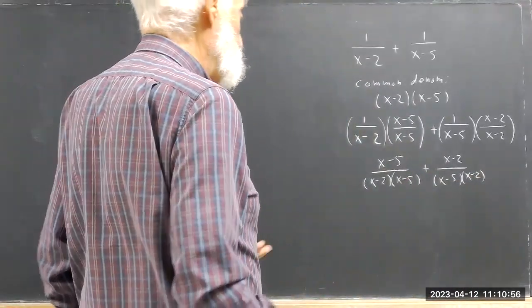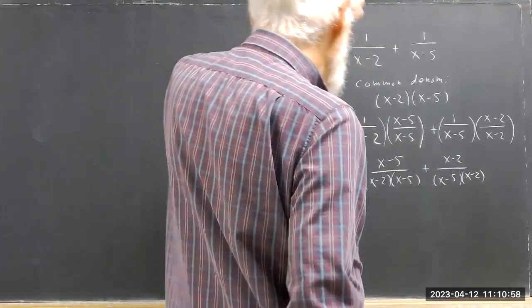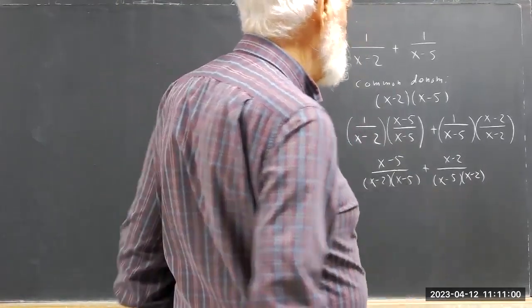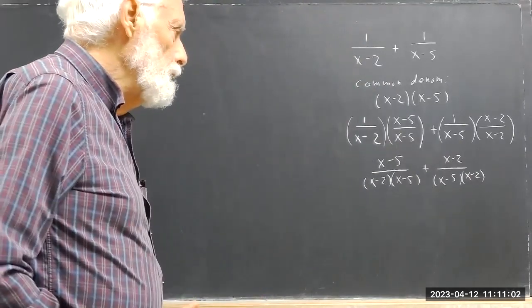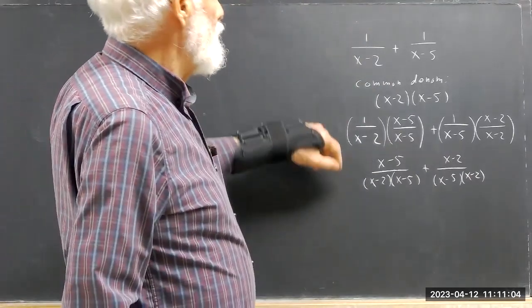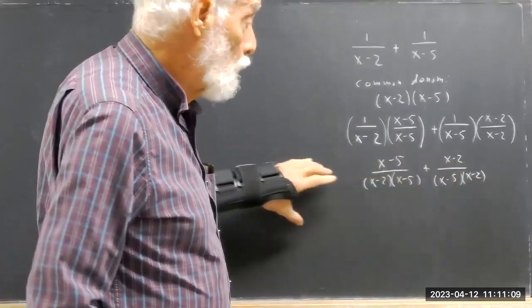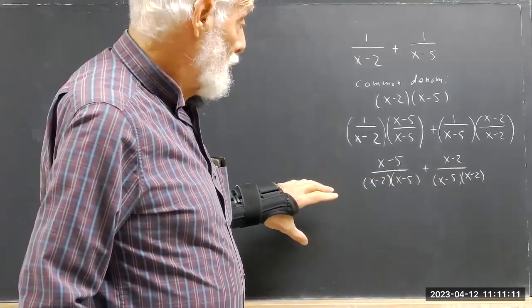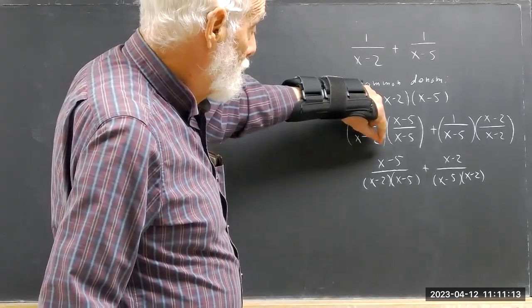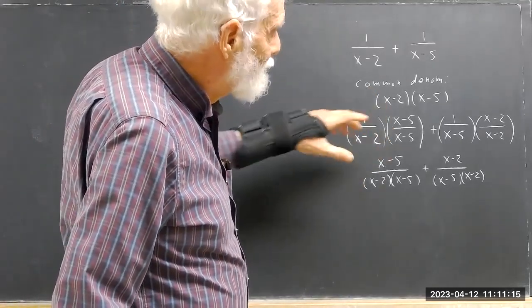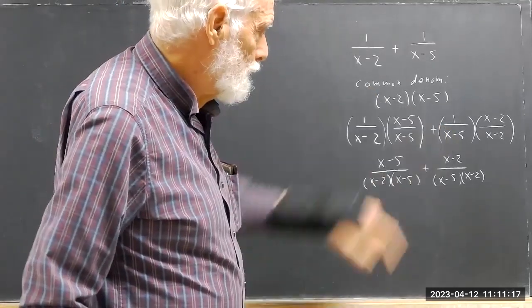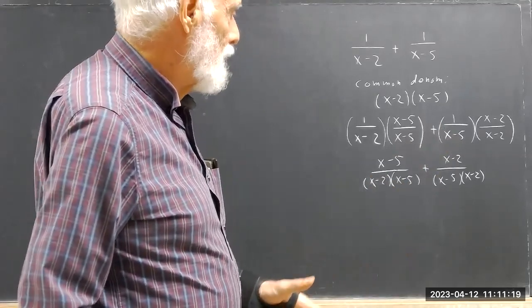So now we have the same denominator. Algebraically, we could factor 1 over x minus 2 times x minus 5 out of this whole thing, and we'd end up with that reciprocal times x minus 5 plus x minus 2.